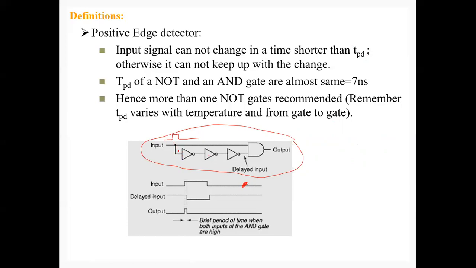If this is a NOT gate, so if this is 0, this is 1. If this is 1, this is 0. If this is 0, this is 1. Meaning your NOT gate gives the opposite of the signal here. If the signal is like this, then what is the input here?